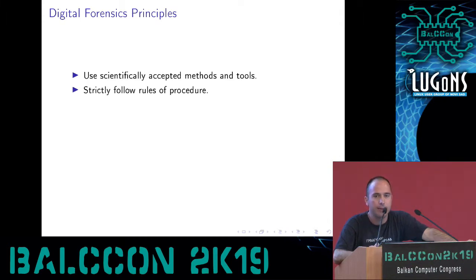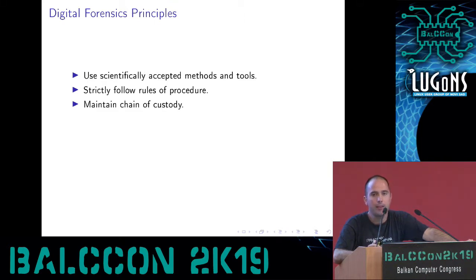The second principle says that we have to strictly follow rules of procedure. That means that if you are a forensic investigator, you also have to know the law. If you made a simple mistake, for example, you forgot to invite someone to be present at the investigation, that evidence won't be valid at court.